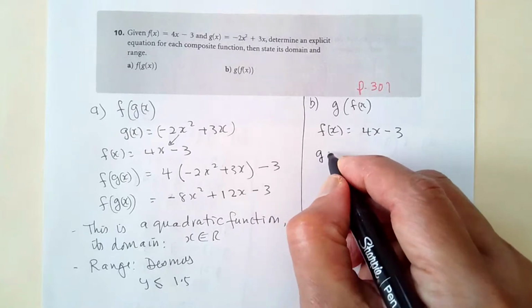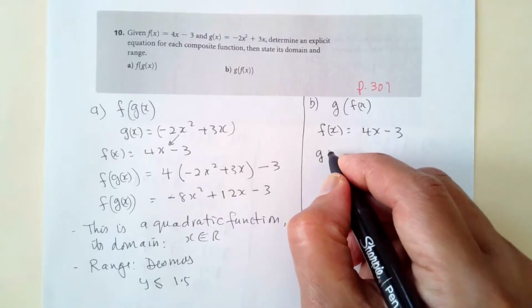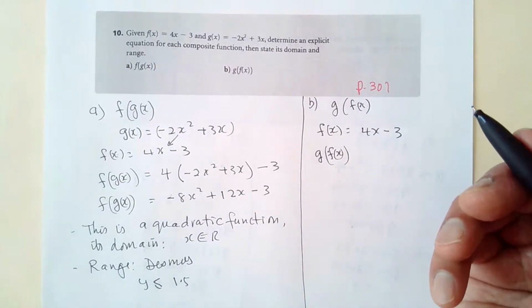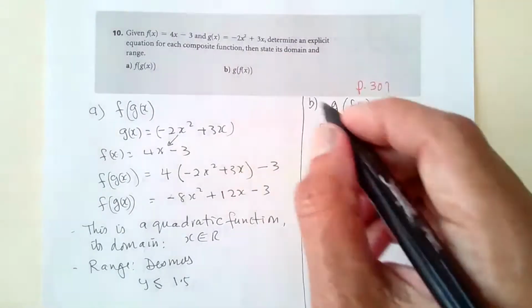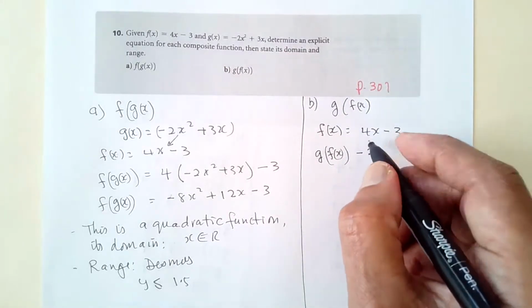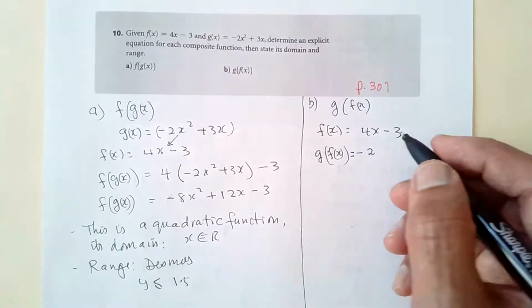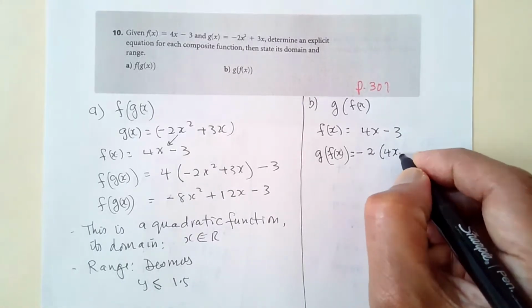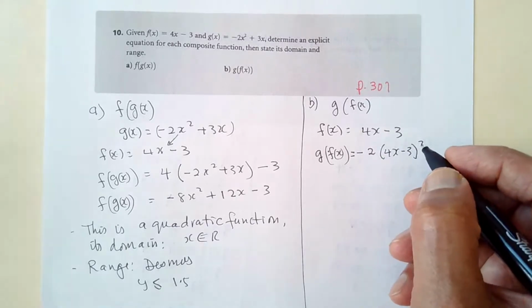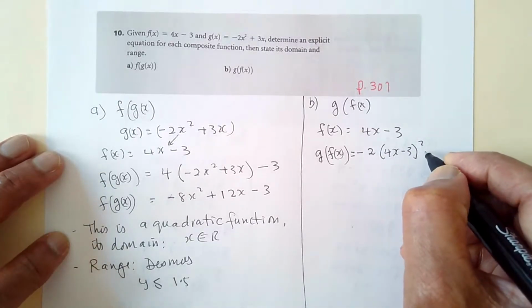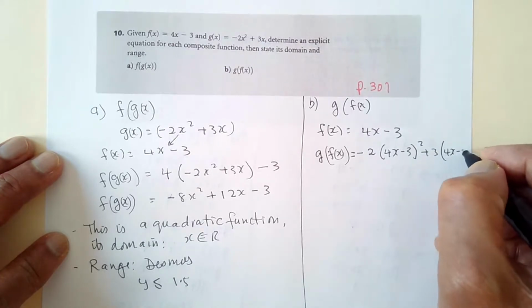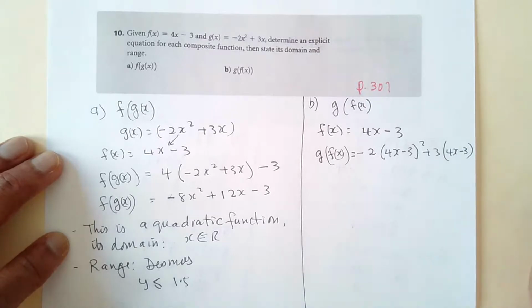So now g of f of x would be negative 2 times 4x minus 3 squared, plus 3 times 4x minus 3, because I'm using g of x.